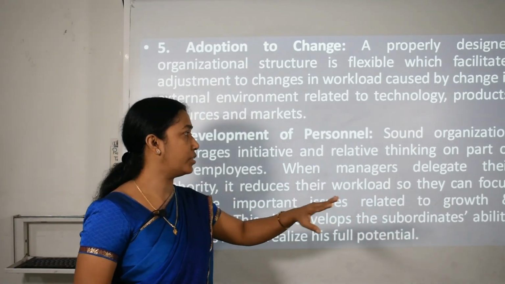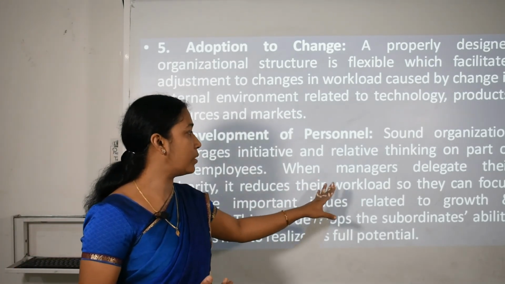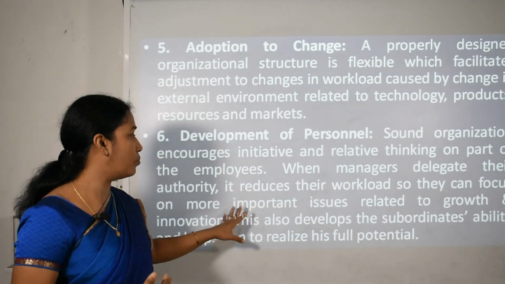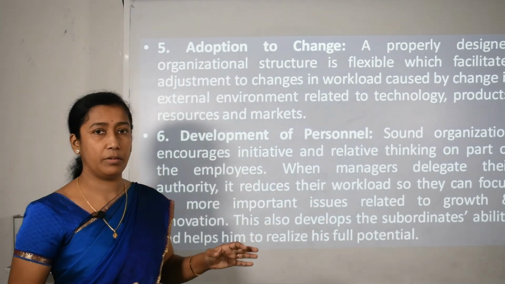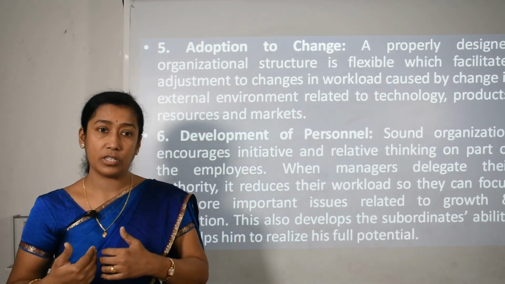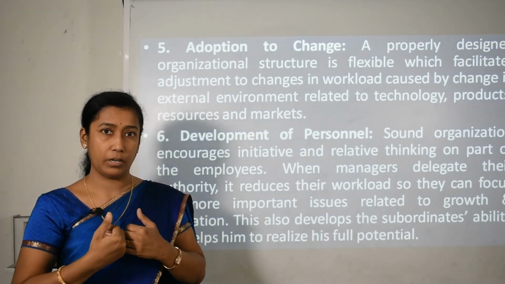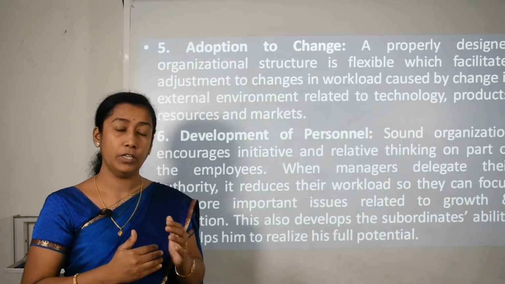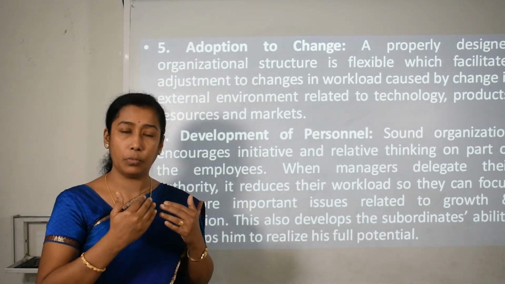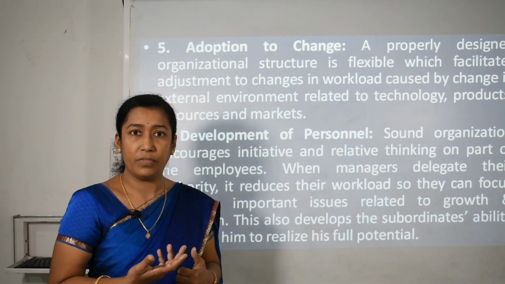So when managers delegate their authority, that is power, it reduces their workload so that they can focus on more important issues related to growth and innovation. That means if managers assign their own duties or their own powers to many people, that is, they divide their work, then for the employees who are doing the work under them, that is subordinates, it is an appreciation, motivation or encouragement.